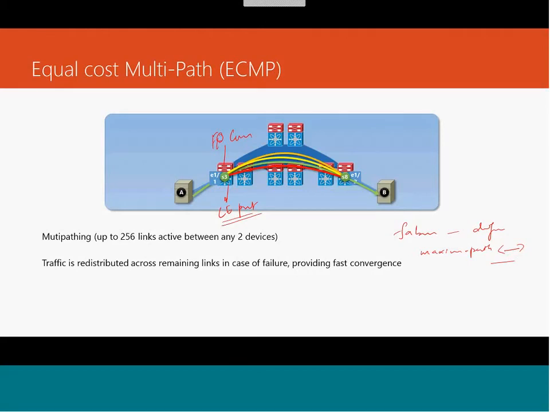So any device which only has connectivity to other Fabricpath devices is the spine switch. If you see these two devices, they will only have connectivity to this and this. If a device has connectivity to a CE device, then it is not a spine switch. It is an edge, I mean, a leaf switch. Okay. All right.